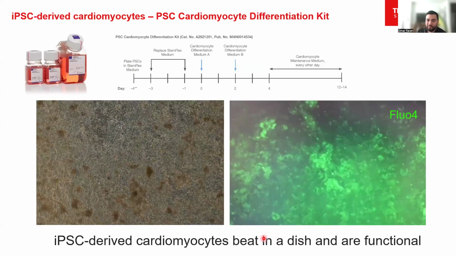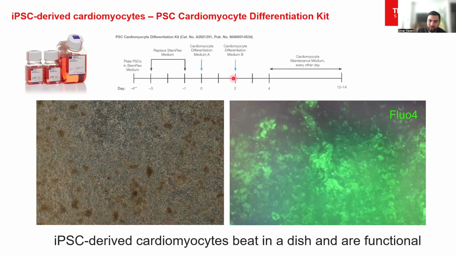Okay. So Naresh mentioned the cardiomyocyte differentiation kit, right? Our protocol is that we typically take cultures that we grow in our StemFlex medium. We grow them to a particular confluency, and then on day zero we can start our differentiation, where we add medium A that's going to drive mesoderm formation.